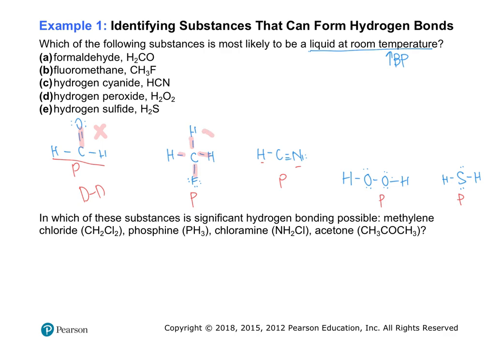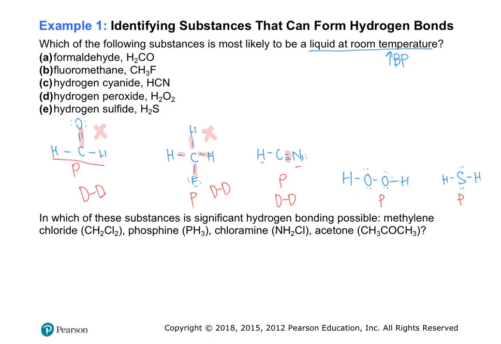The hydrogens are not bonded to fluorine, so this is also going to be dipole-dipole as the strongest force. The next one also has nitrogen in it, but it does not have a nitrogen bonded to a hydrogen. It's bonded to a carbon, and so this is also going to be dipole-dipole.